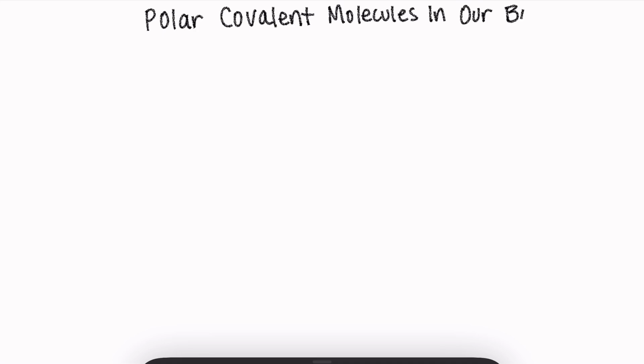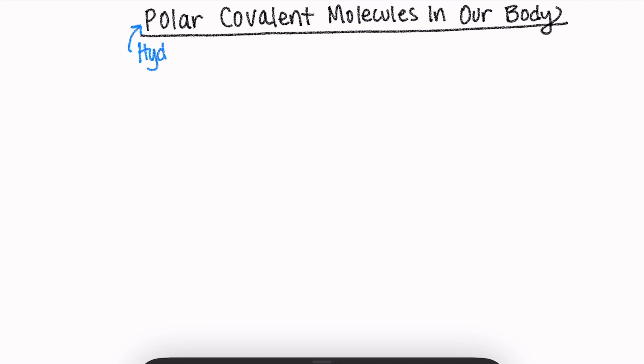Polar covalent molecules in our body. Remember that word polar also means hydrophilic in a biological context, and it means something can dissolve in water. So that's the first thing I want to show you.